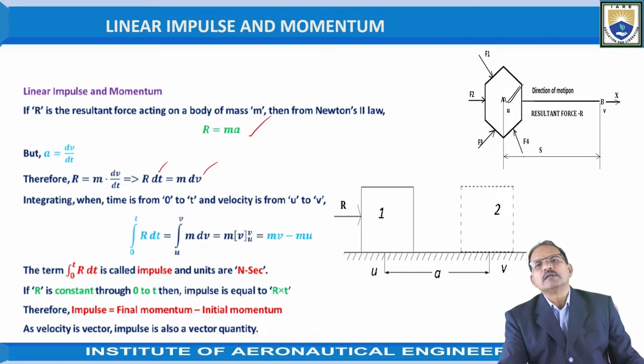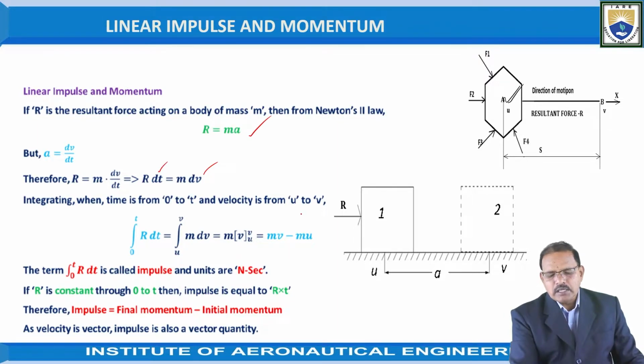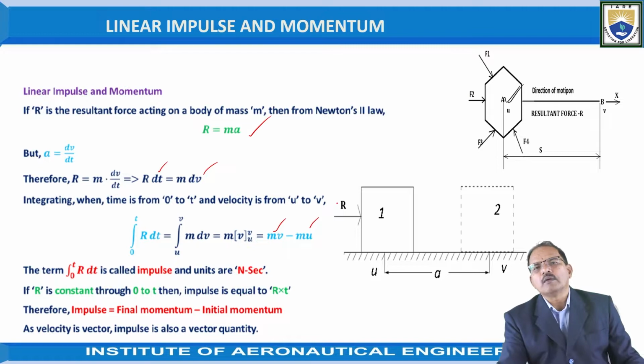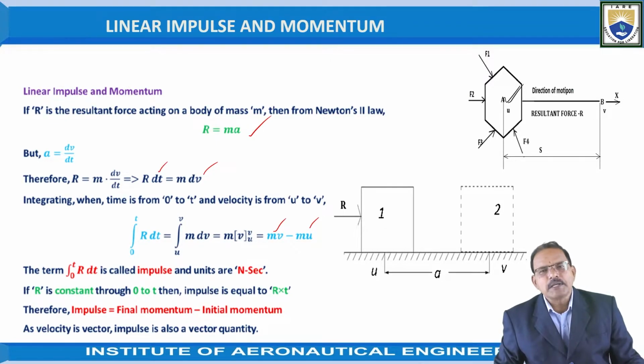The quantity possessed by the body in motion is what we call momentum. The change in momentum is mv, the final momentum, minus mu, the initial momentum. That is, the impulse is equal to the change in momentum, mv minus mu. Since force as well as velocity are both vector quantities, the impulse as well as the momentum are also vector quantities.